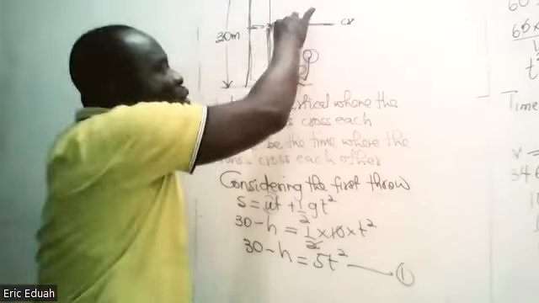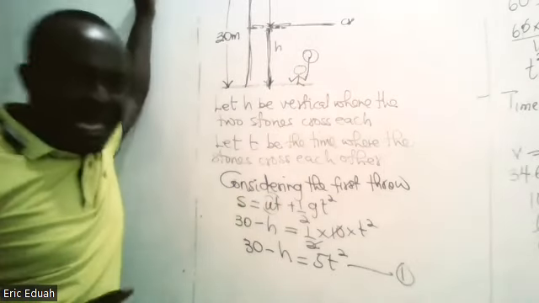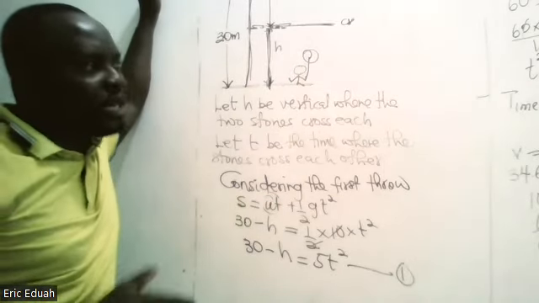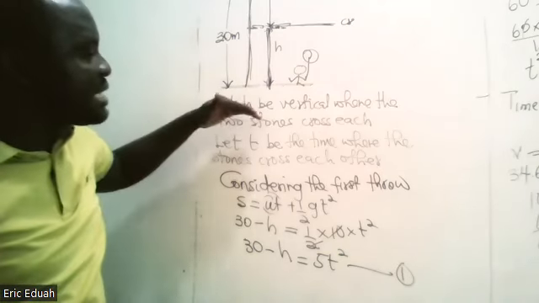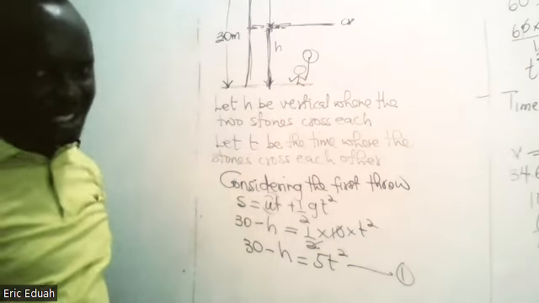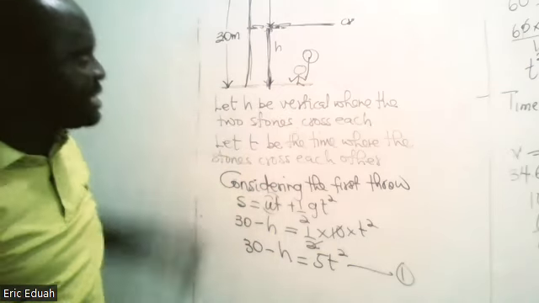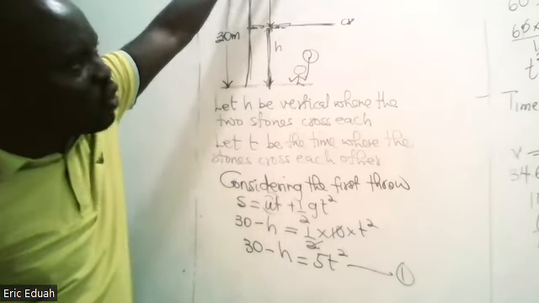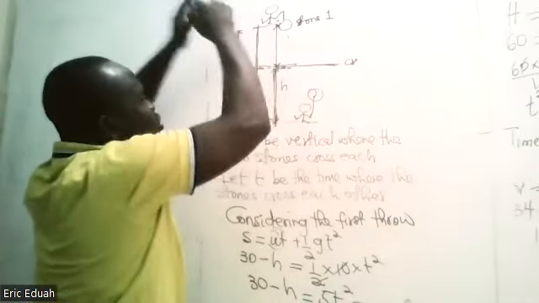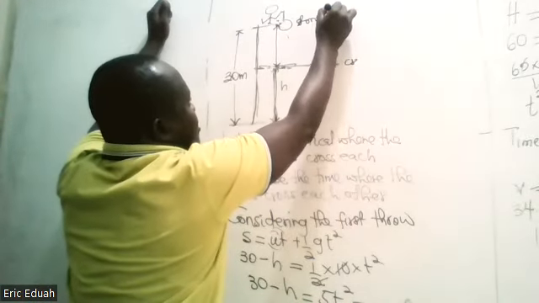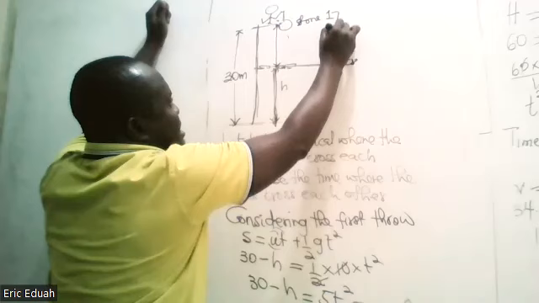Because we don't know the vertical height where the two stones will cross each other, we are saying let that vertical height be h. So if that is h, when we consider the stone being thrown from up the cliff, it means that by the time it crosses, it will have to go through this distance.